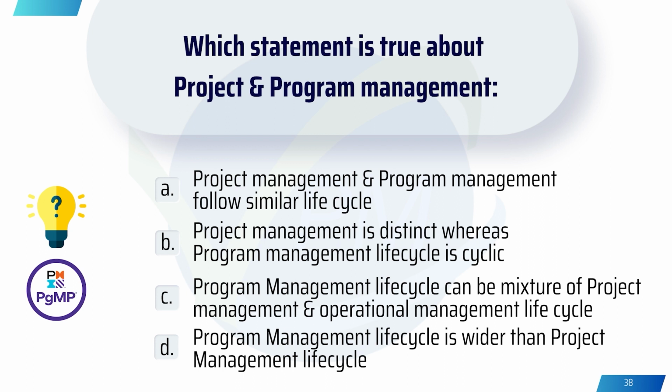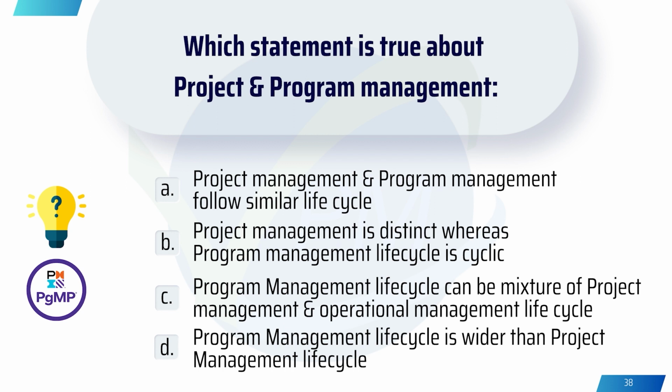The correct answer is C. The program management life cycle can be a mixture of project management and operation management. Operation management, because we're talking about the benefits. Sometimes, in order to achieve the benefits, you may have to do some operational activity as part of the program. I love this question actually. Many people struggle with this, but I can see the majority of you got it right.